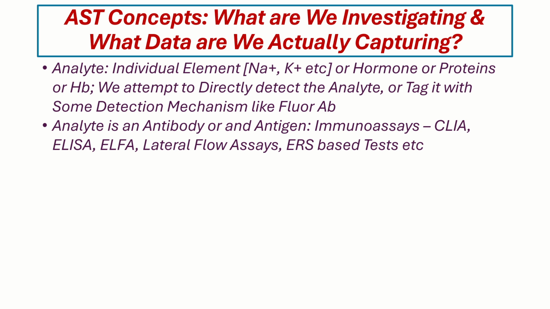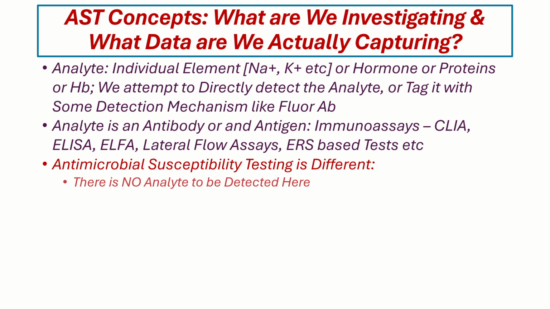For example, in the lab, if you want to detect any antibody or antigen, we do it through immunoassays like CLIA, chemiluminescence immunoassay, or ELISA, or the lateral flow assays, or any of your rapid and simple tests.